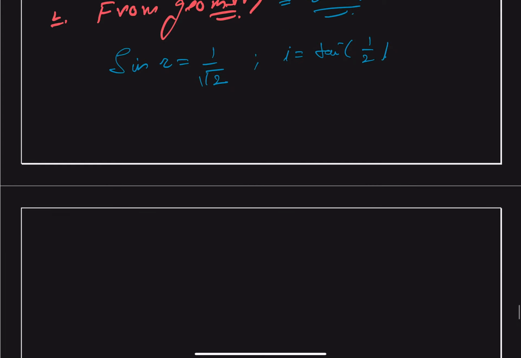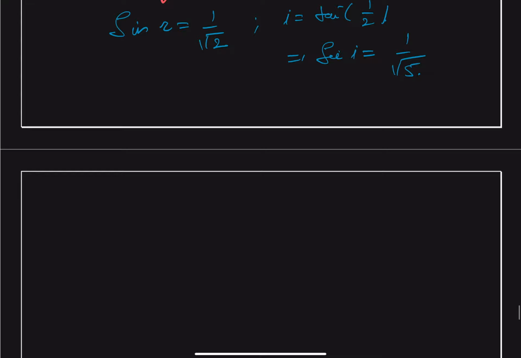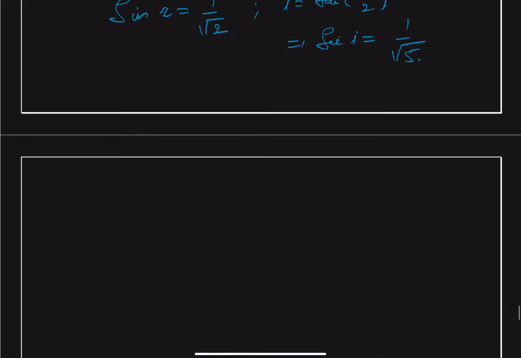So we can say from here that sine of I will be equal to 1 upon square root of 5. Now we substitute the values.